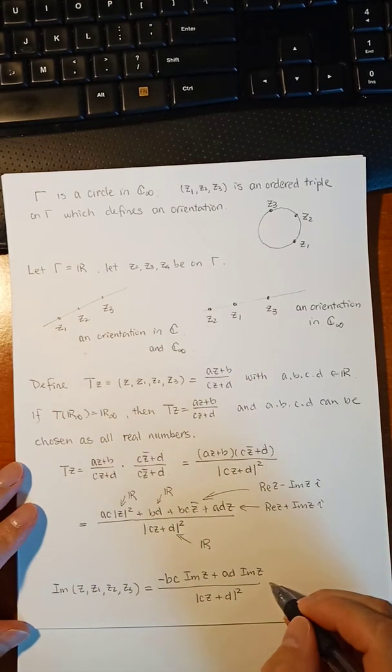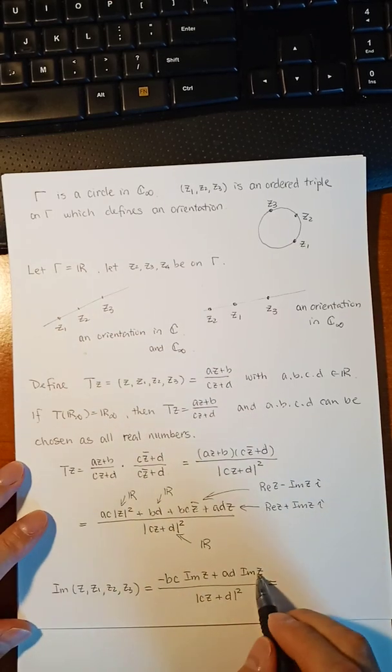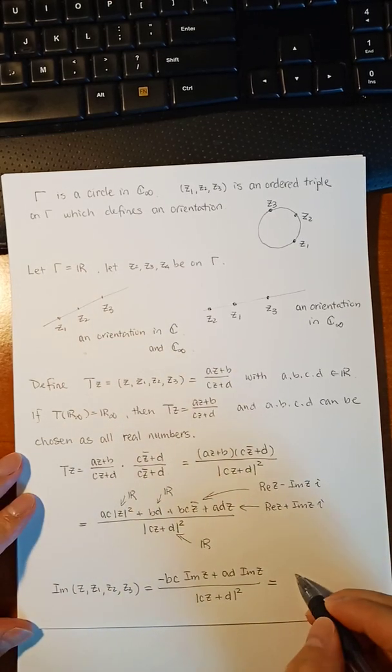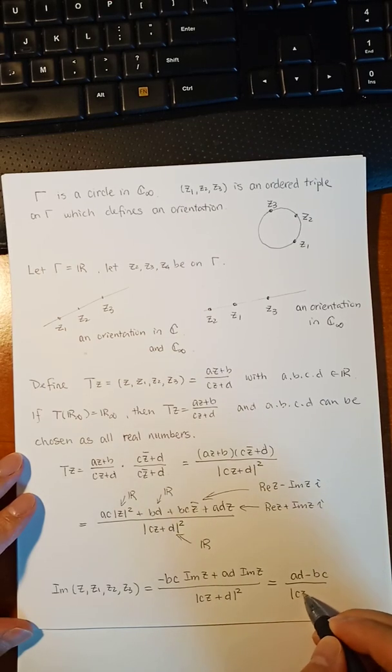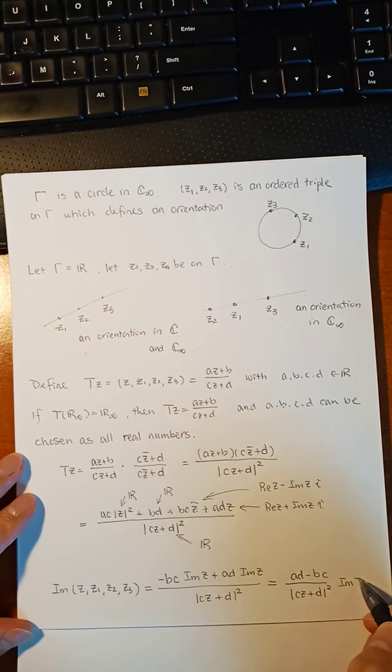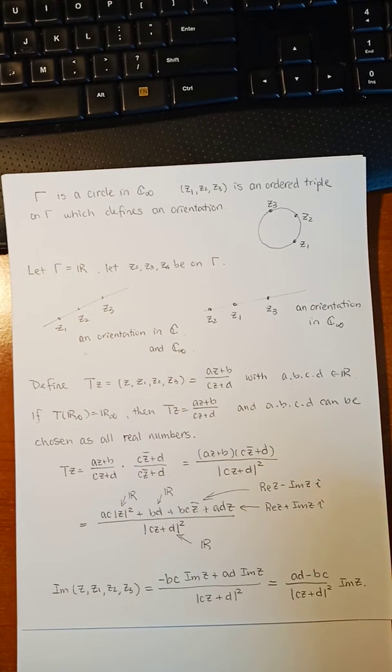Correct? So if we factor out the imaginary part of Z, we will get (AD minus BC) over |CZ + D| squared, times the imaginary part of Z. And remember that we assume AD minus BC is not 0 in the definition of a Mobius transformation. So this is a non-zero number. It could be positive, it could be negative. The denominator is always positive.